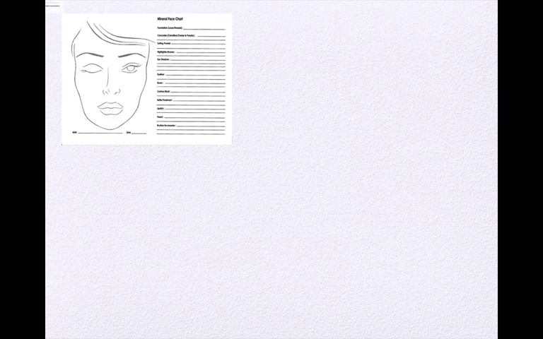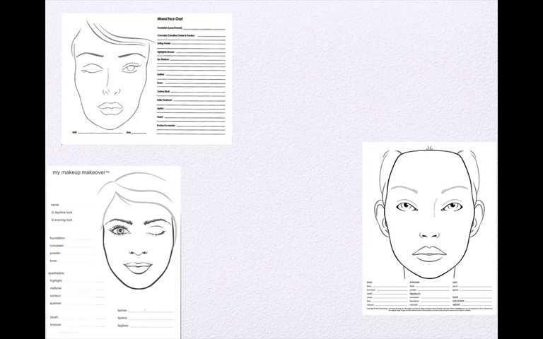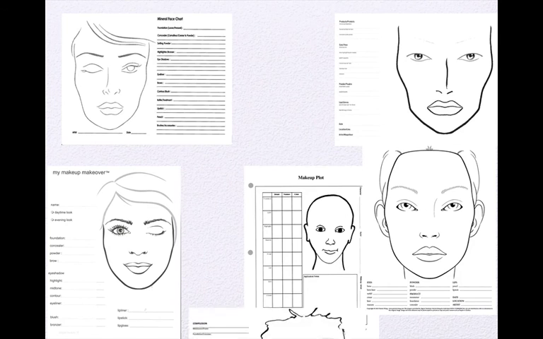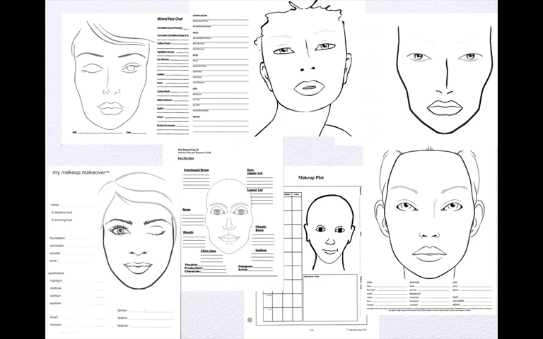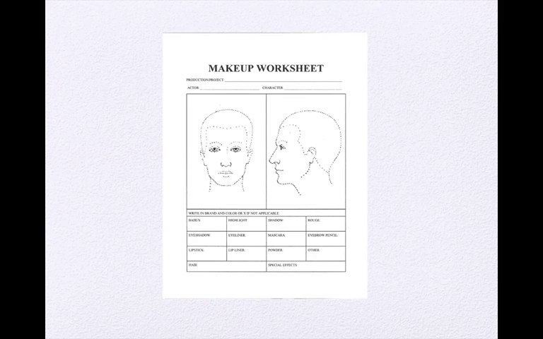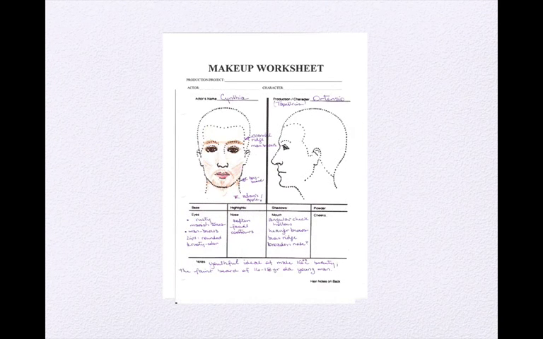To complete the design, there are various forms on which the designer can draw the character design, all with the intent of coming up with a sketch that shows the actor where different colors need to be laid in and a description of what colors and what different appliances or other effects need to be added to complete the character.